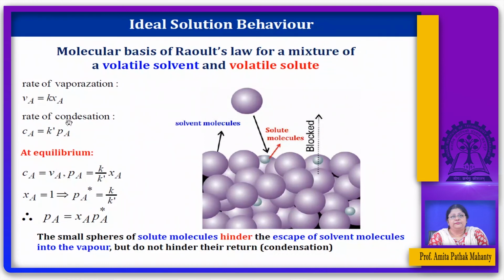You can rewrite this, equate these two and find PA. PA will be K, the velocity constant for vaporization, divided by the velocity constant of condensation, right? And if they are equated, then what you have is the mole fraction of A in that equation.